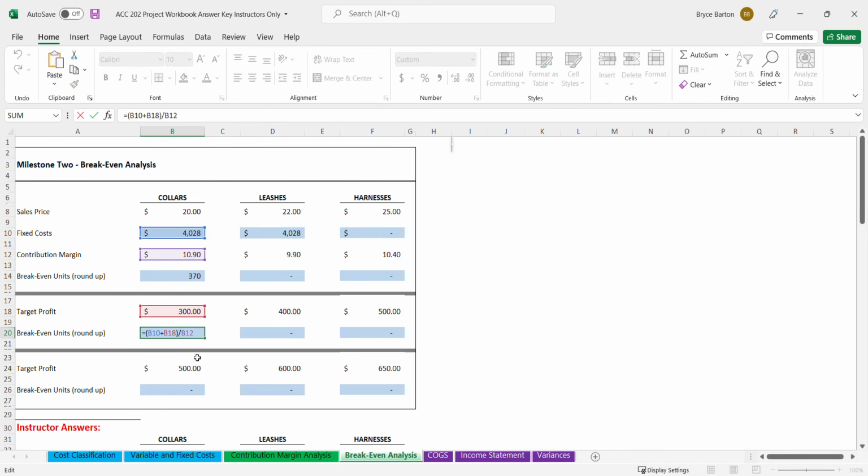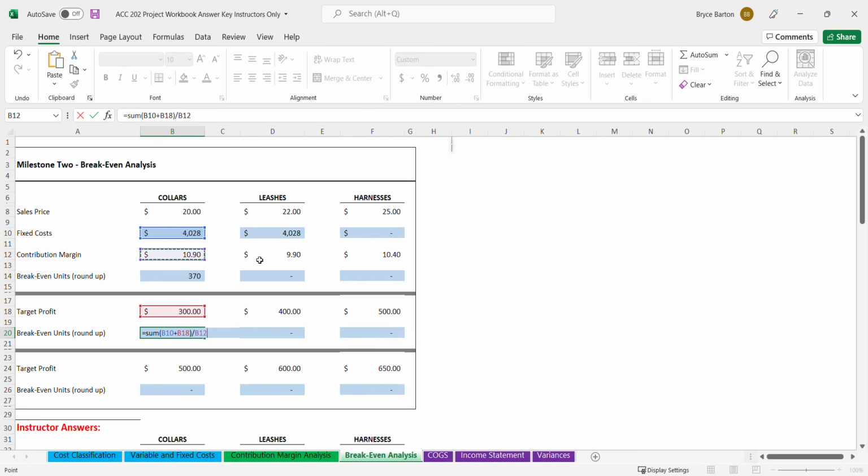It wants us to calculate that, so here, I'll do this over for you. It's going to equal the sum, open parentheses, of our fixed costs plus our target profit, and then we divide that amount by our contribution margin.